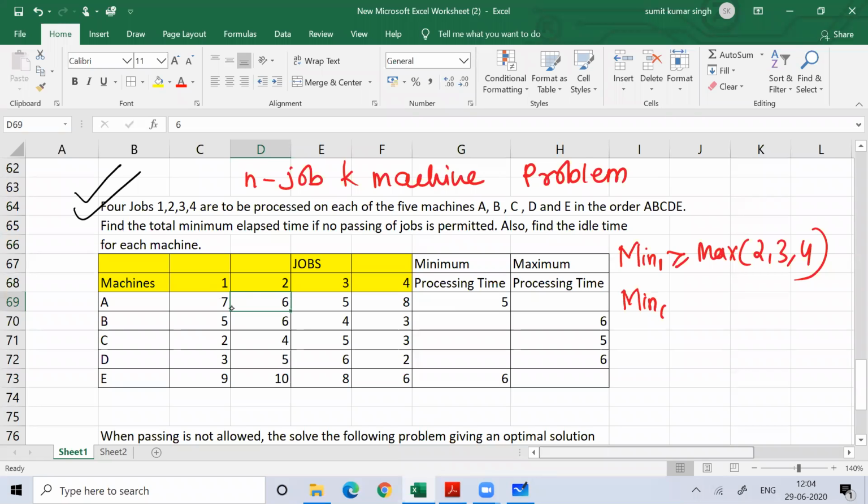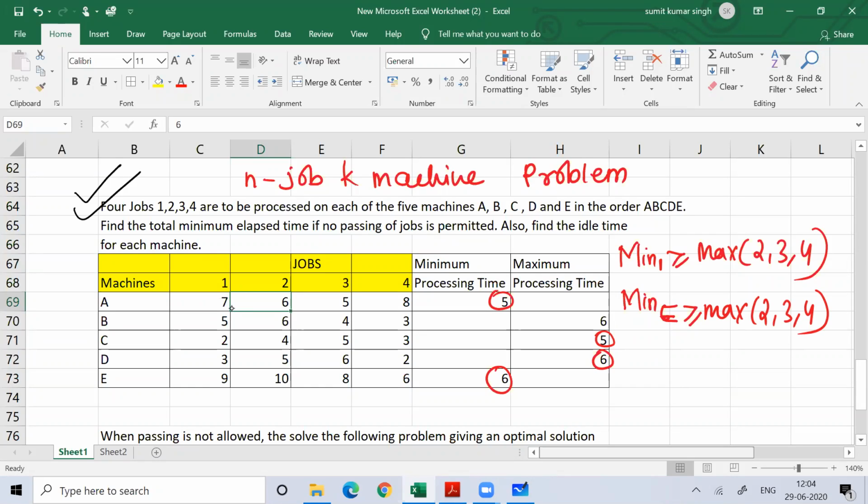Similarly, the minimum processing time of machine E, which is 6, is greater than or equal to the maximum processing time of the 2nd, 3rd and 4th machines. You can see this is 6 and this is equal to 6. This is 5 and this is equal to 5. They are equal. Either they should be equal, or the minimum processing time should be more. Probably you can easily understand this.